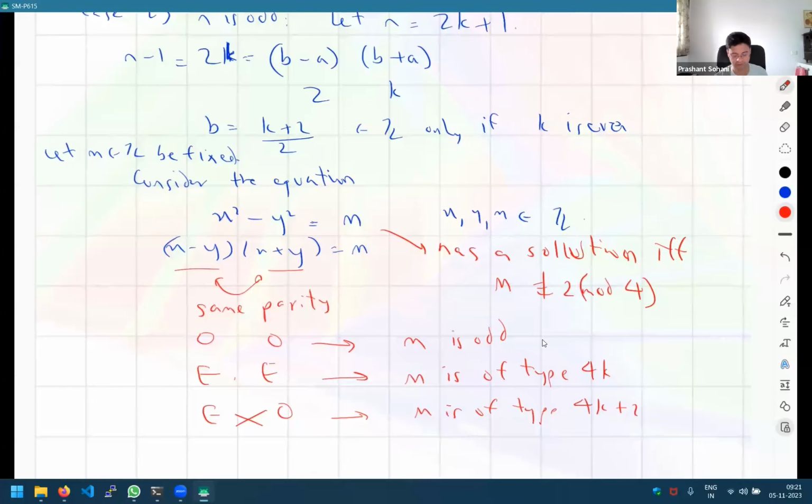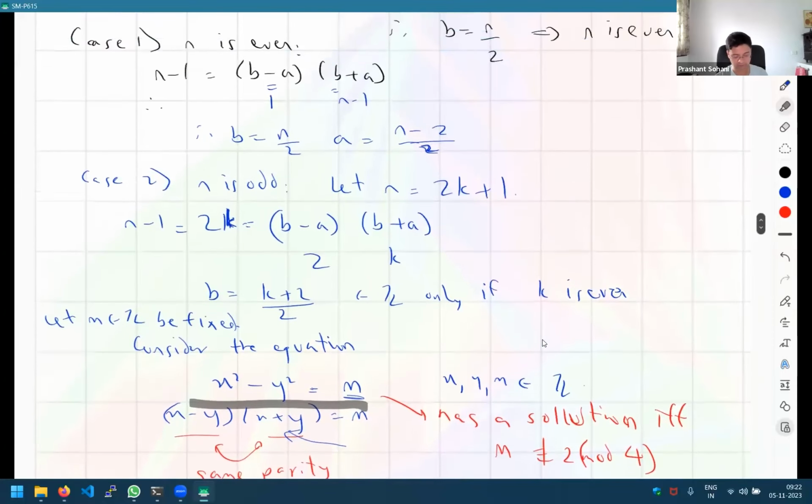In other words, if the RHS is such that only one copy of 2 is there in its prime factorization, then it is not possible to factorize it in this way. But if it has 0 copies or more than 2 copies, then it is able to factorize. Okay, so maybe just keep this in mind as a side note, that whenever you see an equation of this type, you can look at the RHS and conclude that it cannot be of the type 4k plus 2.